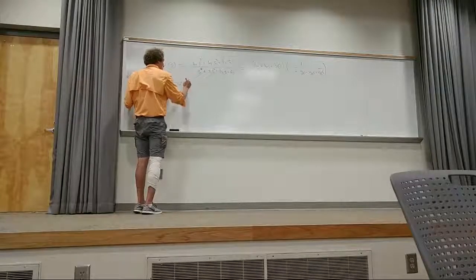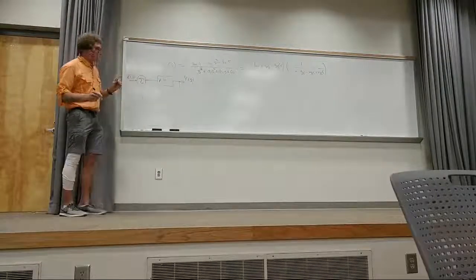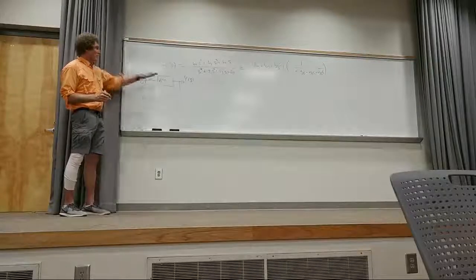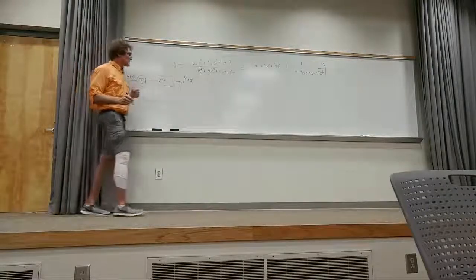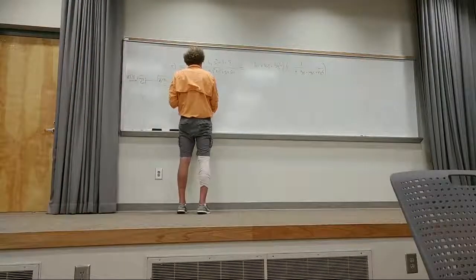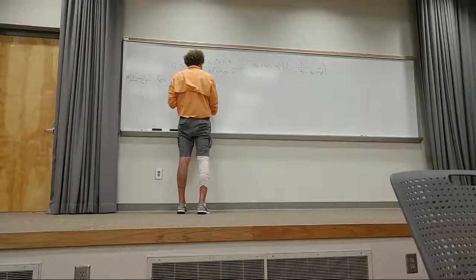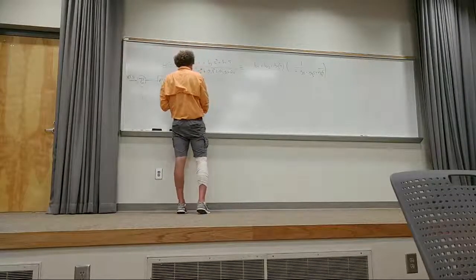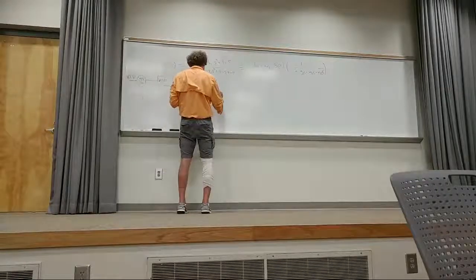I didn't have time to finish this, but maybe we'll finish this one right now. What we're going to do is find out what Y of s over X of s is for this one. It's called the transfer function H of s of the network.